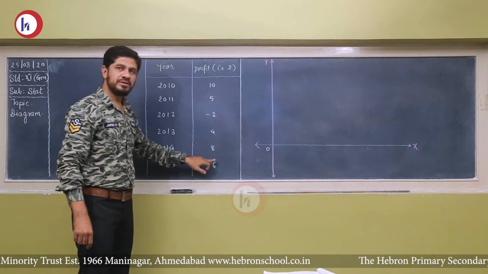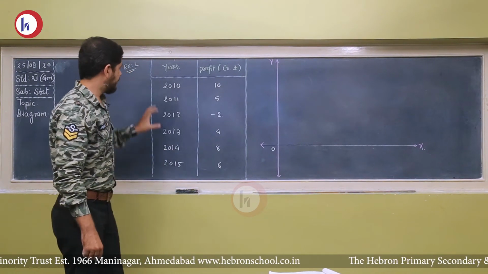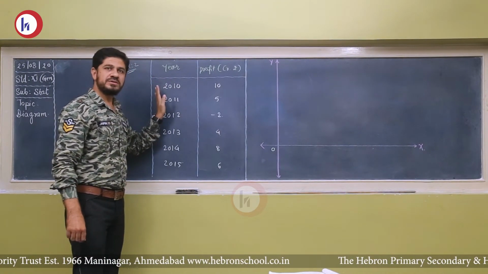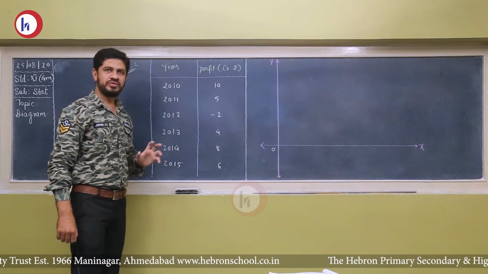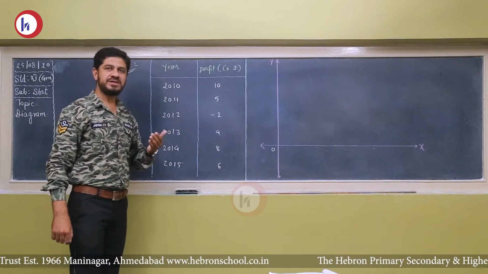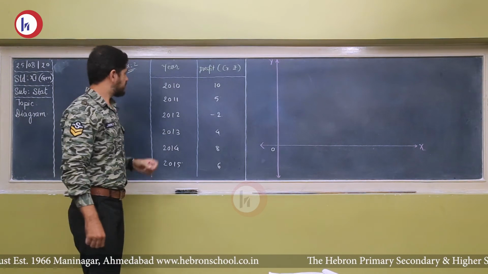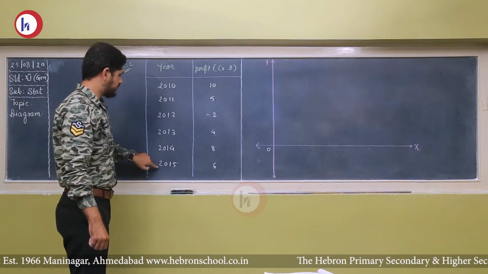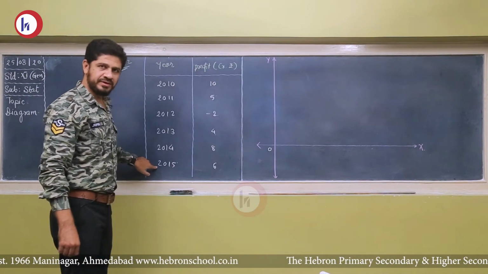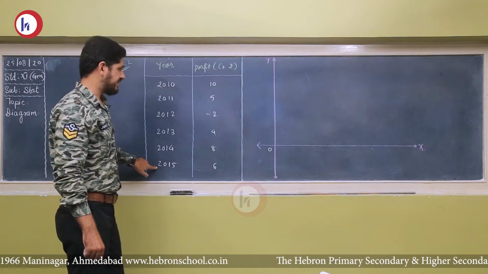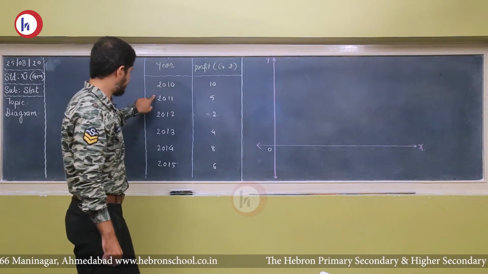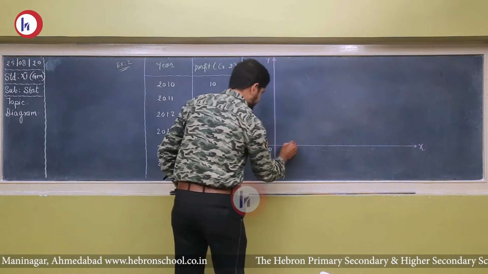Now friends, the data represents time, so we will not arrange them in ascending or descending order. So 2010 to 2015 will be represented on the x-axis.